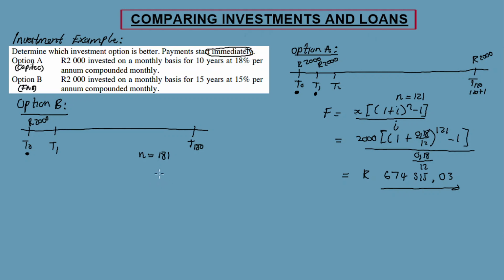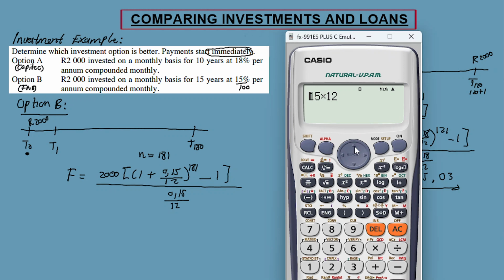So the future value is equal to 2000 open bracket 1 plus 0.15 this time, this is 15%, so we divide by 100 in total, 0.15, then over 12, raised to exponent 181 minus 1, divided by 0.15 over 12.